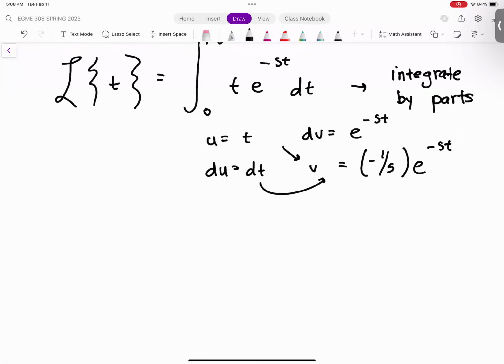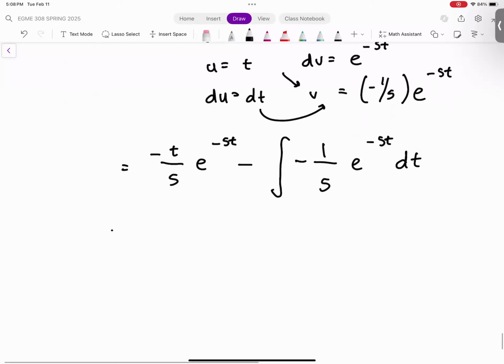We have u times v, which is minus t over s, e to the minus st, minus the integral of minus 1 over s, e to the minus st dt. That second integral we can do. So we have minus t over s, e to the minus st, minus 1 over s squared, e to the minus st.